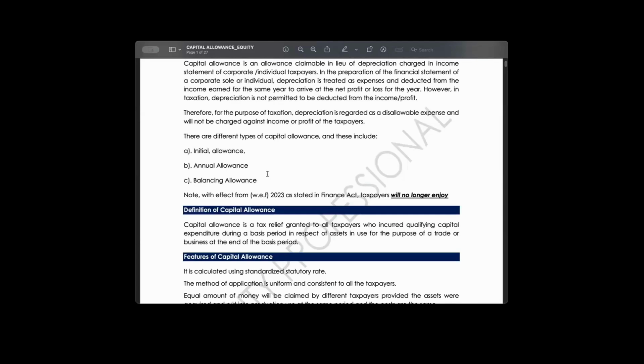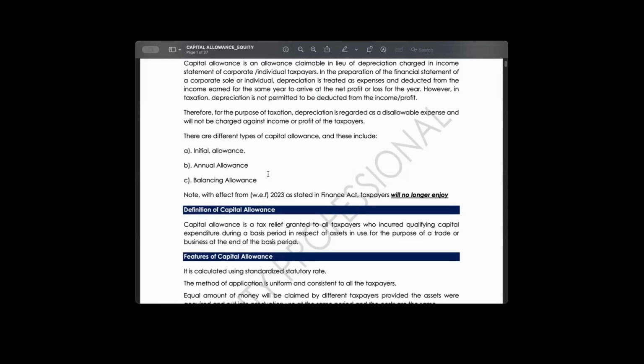And again, you might not be able to separate the cost of the land from the building. So you just take everything and calculate it and assume that is the qualifying capital expenditure, that is both land and building. But ordinarily, examiners should not set a question where they will put land and building together. But if they put it, just assume it is building. Okay? So that is that.